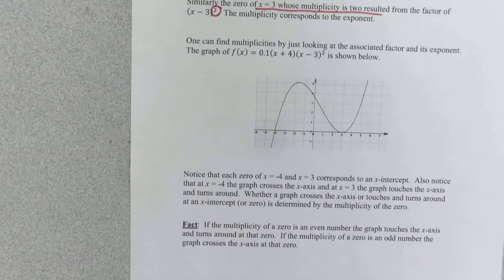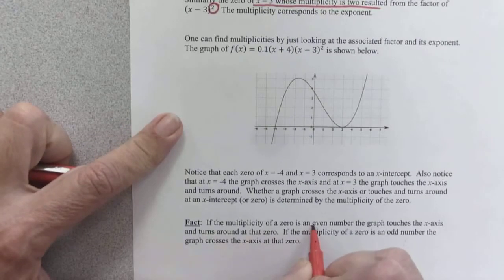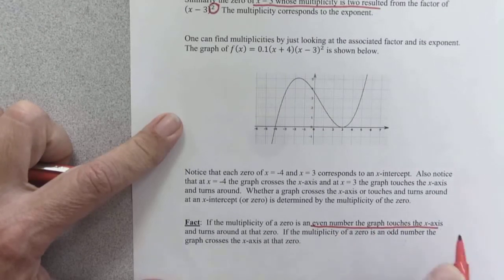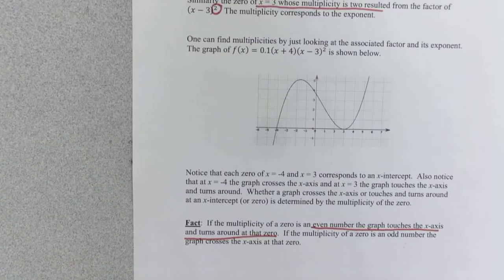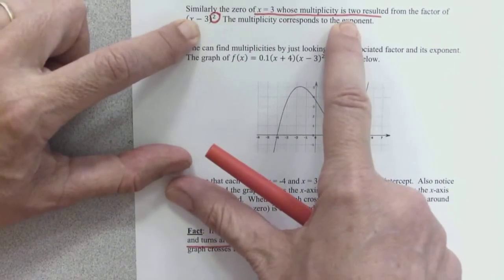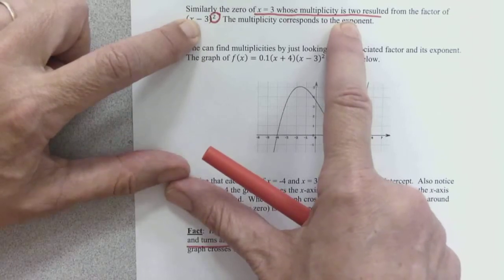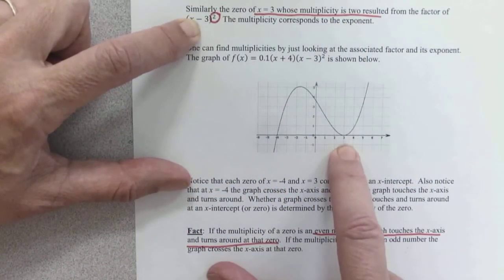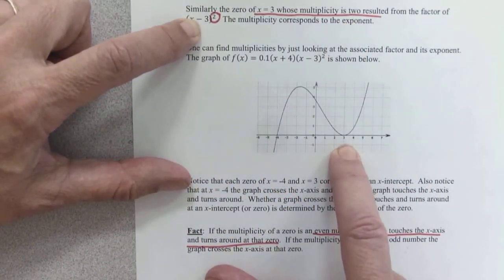If the multiplicity of a zero is an even number, the graph touches the x-axis and turns around at that zero. That's exactly what we saw at x equal 3. The multiplicity was 2, an even number, and the graph touched and turned.